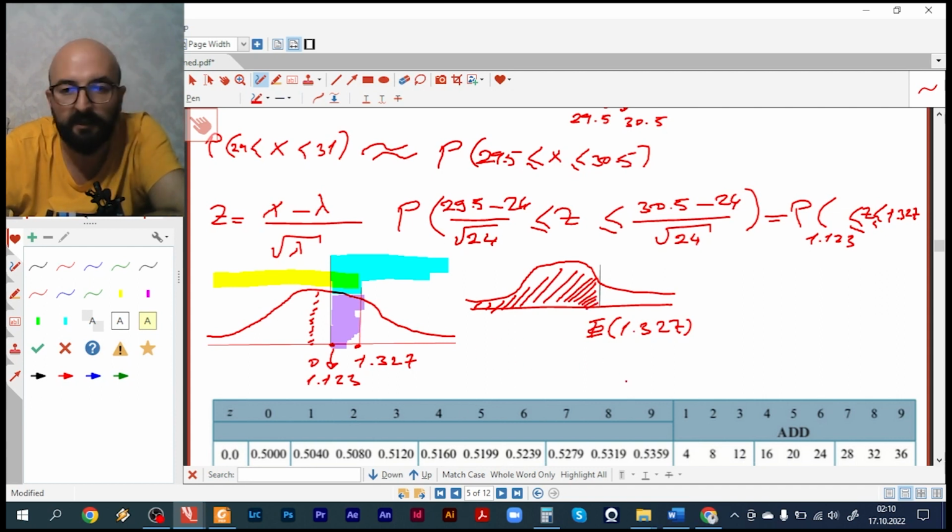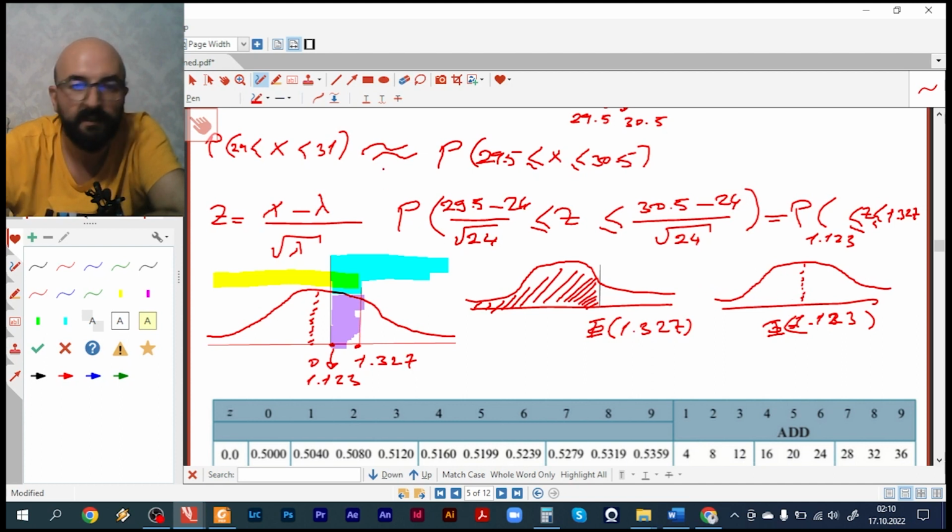And if you look at the Z table for the 1.123 value, it also means phi 1.123, you should find a big area value.